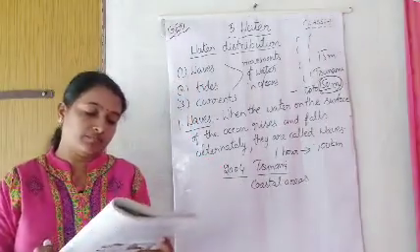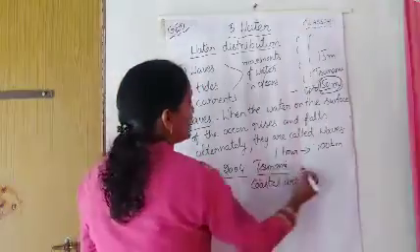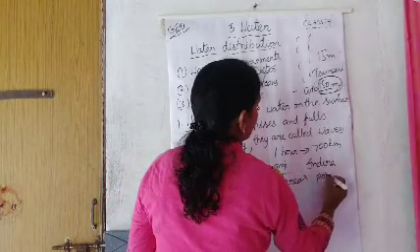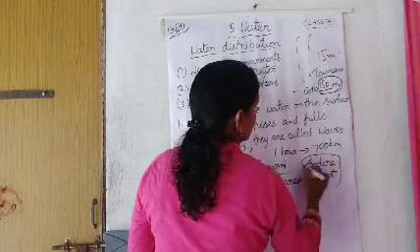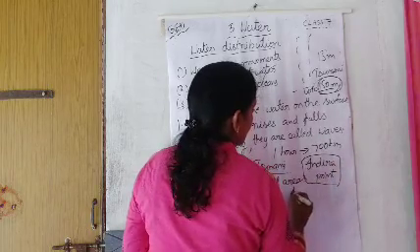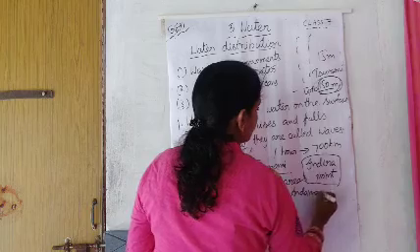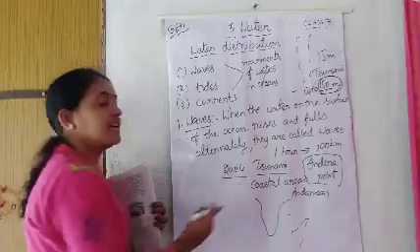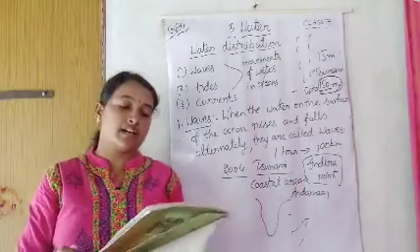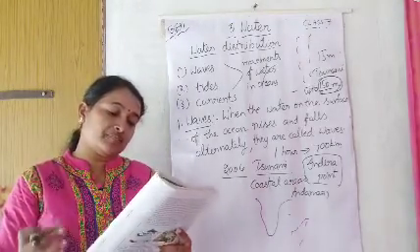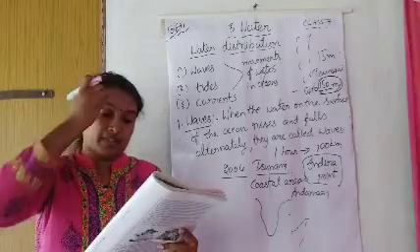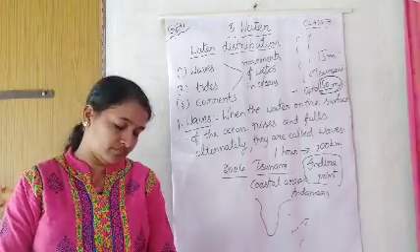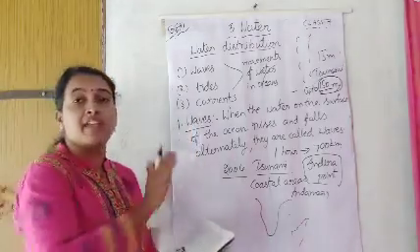If this is the India map, on this side are the Andaman and Nicobar Islands, and there Indira Point got submerged after the tsunami. Next. So this is about waves.